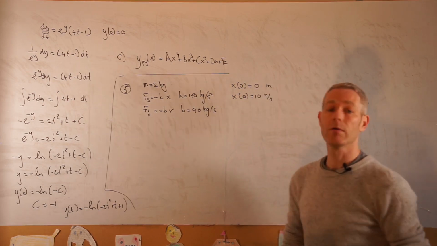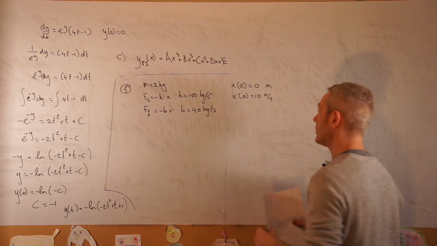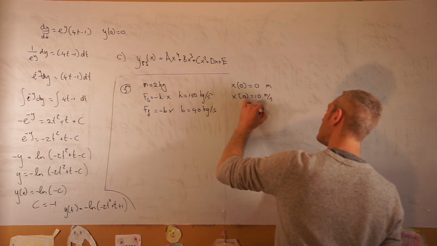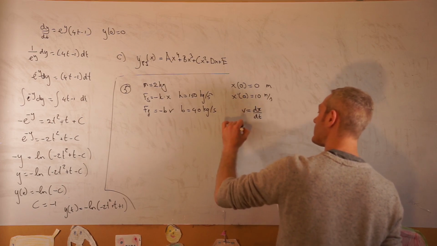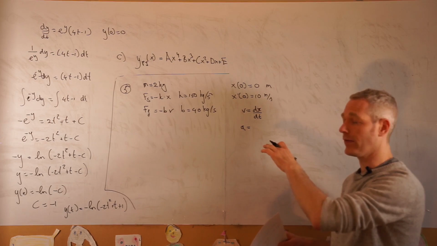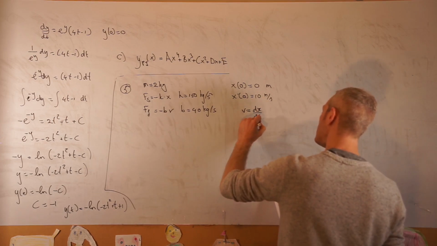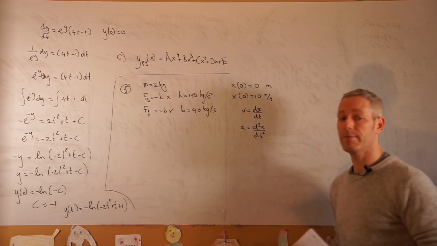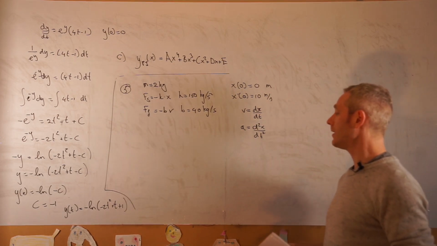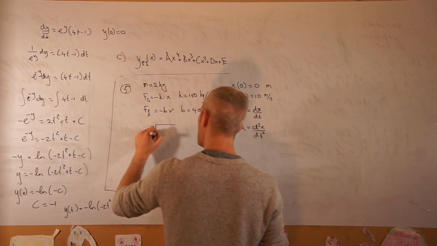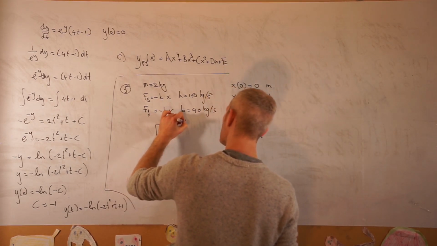That'll be meters per second, and that will be meters. Well, the first important thing is to note that the velocity is the first derivative of x, and the acceleration is the second derivative of x with respect to time. And what I always like to do next is draw a free body diagram. This is my positive x direction.